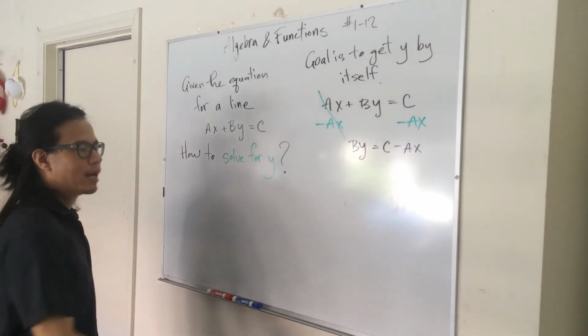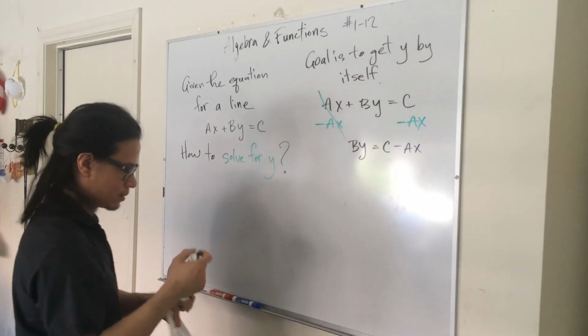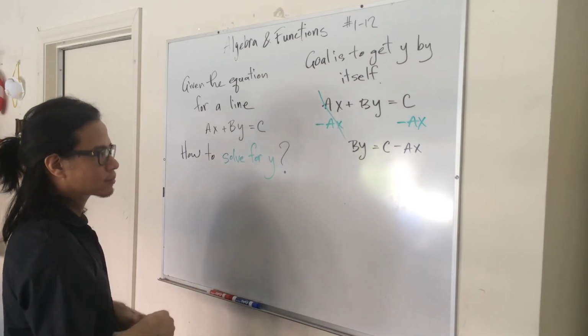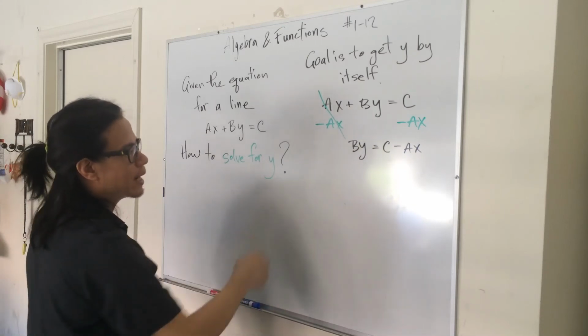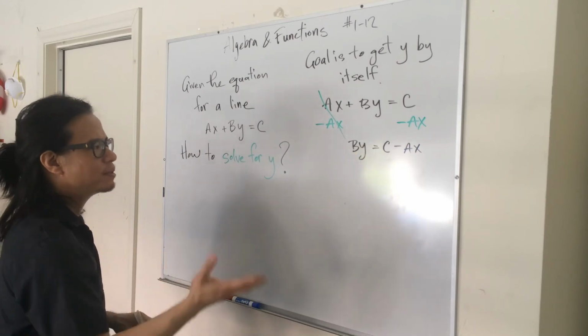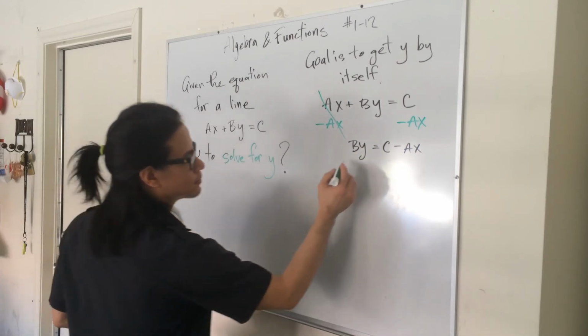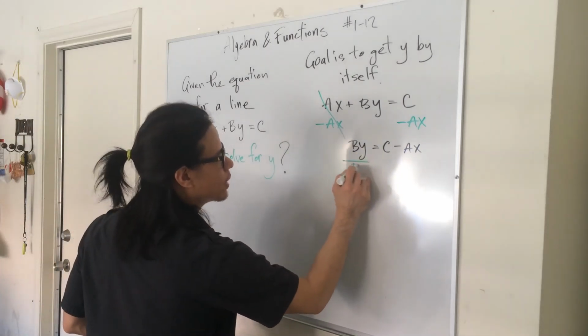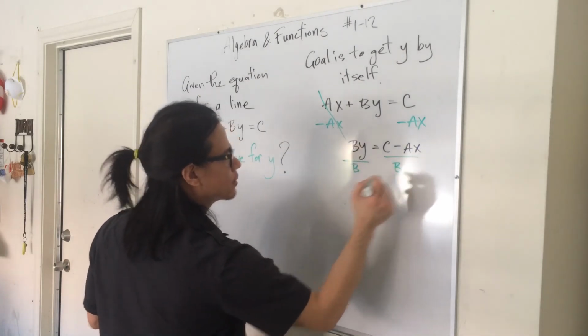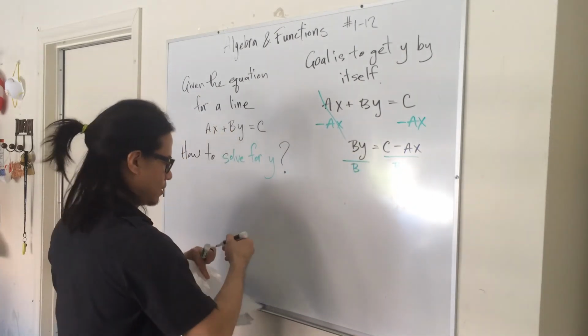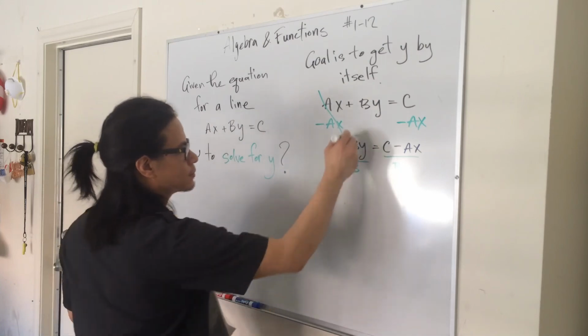Okay. Now if we can just get rid of the b. So what you have here is y times b. What is the opposite of that? So I'm going to take it, divide b. The b cancels out.